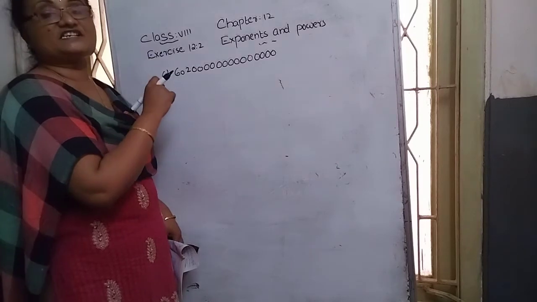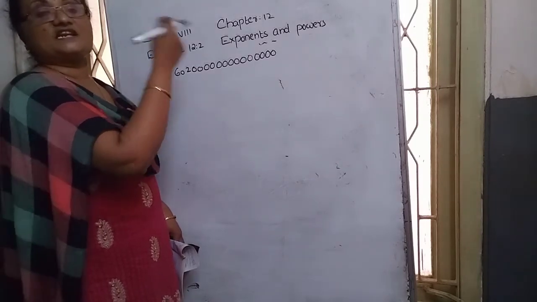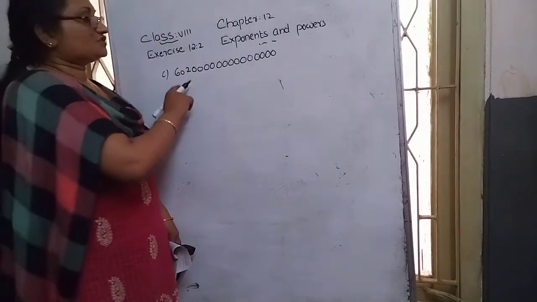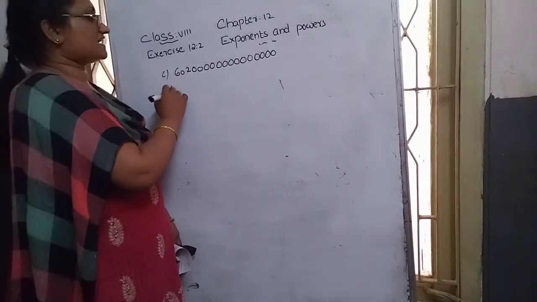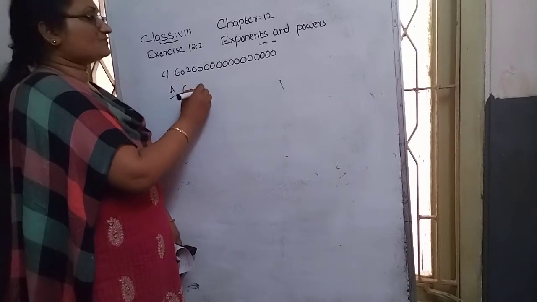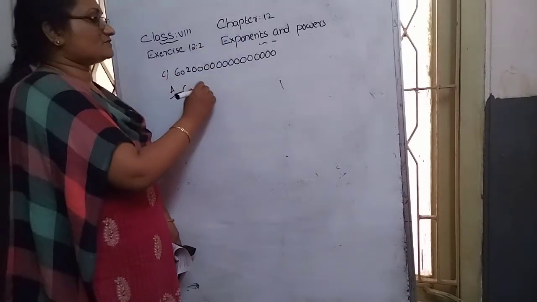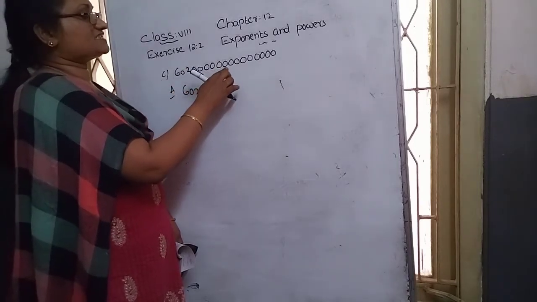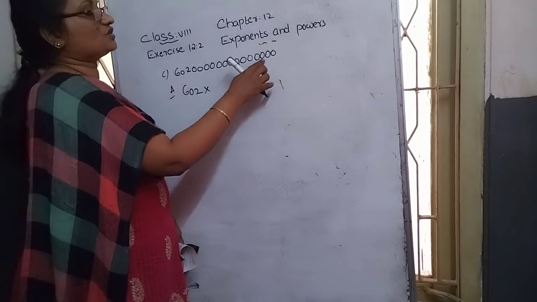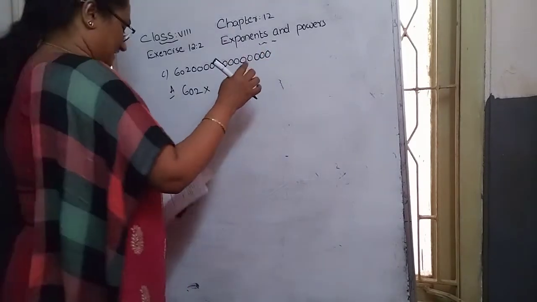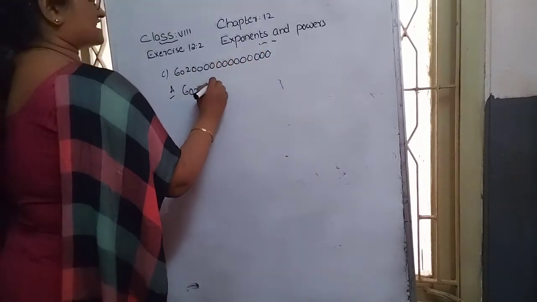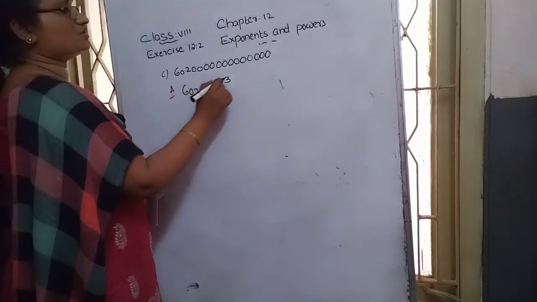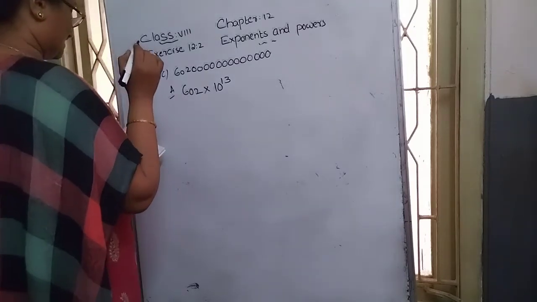In the previous question a decimal was given, with zeros after the decimal. In this question decimal points are not there, only zeros. So in this case, write the number and count how many zeros are there. 1, 2, 3, 4, 5, 6, 7, 8, 9, 10, 11, 12, 13 zeros are there. So we can write it as 10 power 13. So 602 into 10 power 13 we can write.